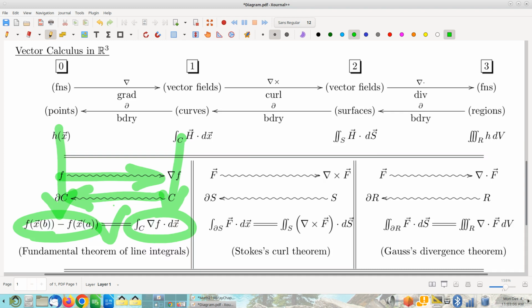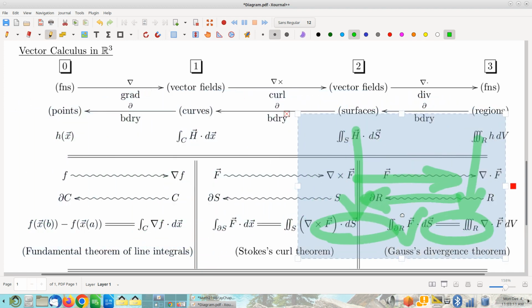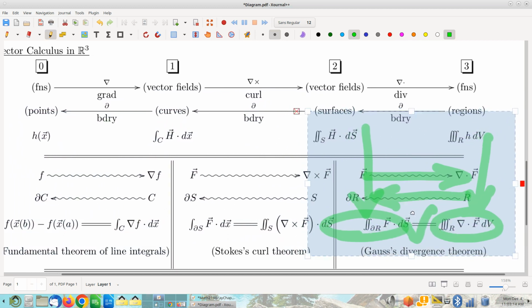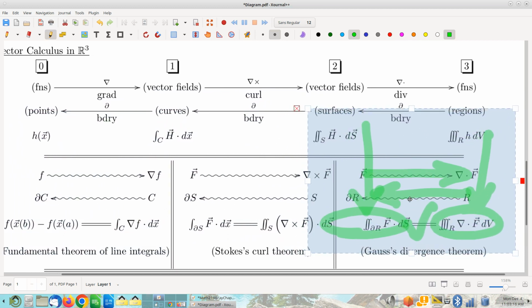And I like to point out, you might have noticed this already, but Gauss's divergence theorem, same pattern. With Gauss's divergence theorem, it's a vector field of which I take the divergence. It's a solid of which I take the boundary surface. But same conclusion, that the flux of the original vector field through the boundary surface and the triple integral of the divergence over the original solid are the same.